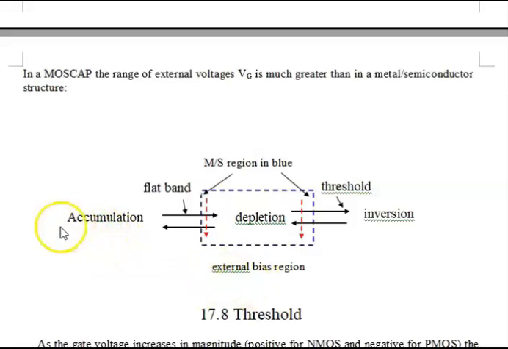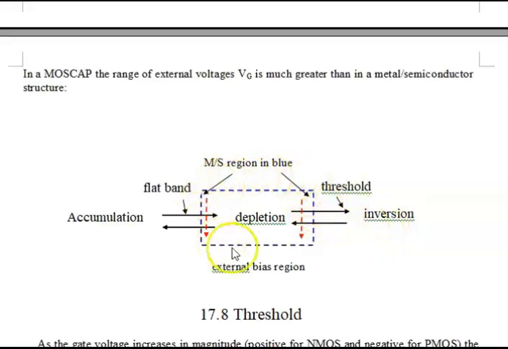We can vary the external bias in NMOS with a P-silicon substrate: with a negative bias we are in accumulation, and then we go to flat band, and then we go to depletion, and then we go to subthreshold, right in this region here, and then subthreshold inversion, and then strong inversion, which is for voltages more positive than the threshold voltage.